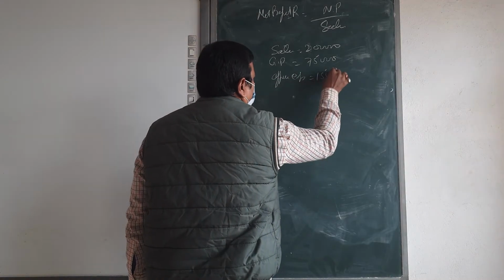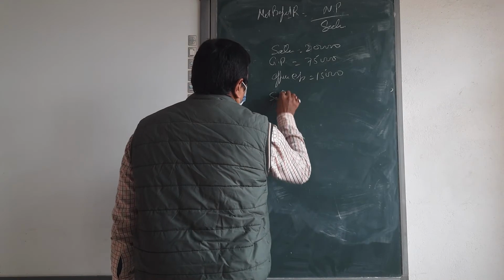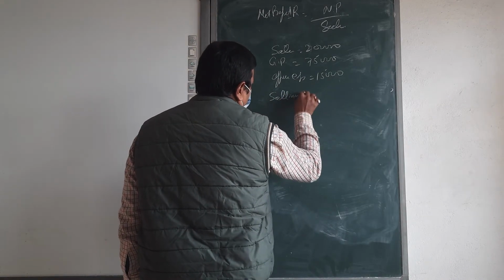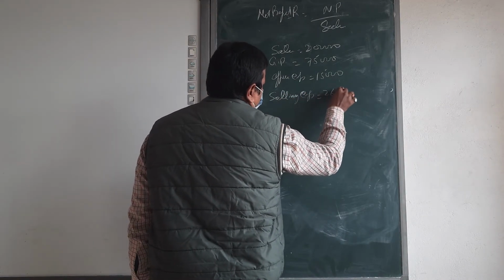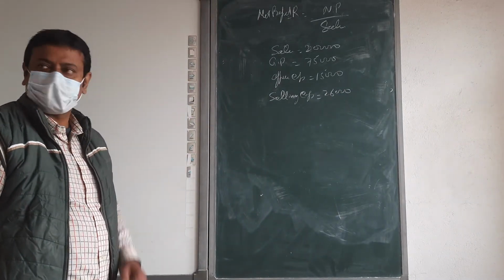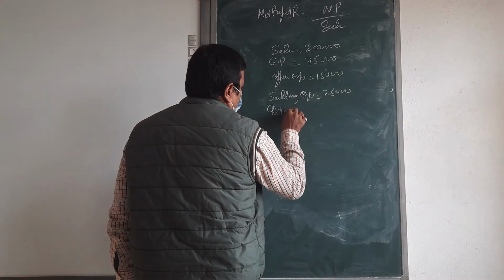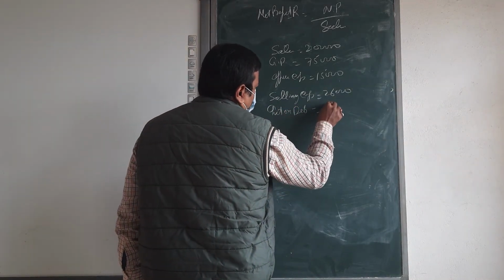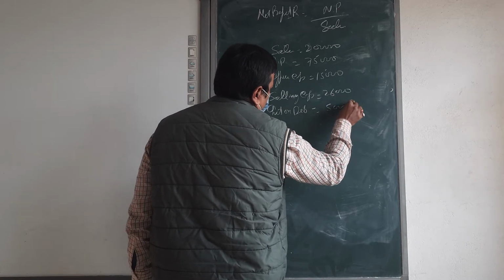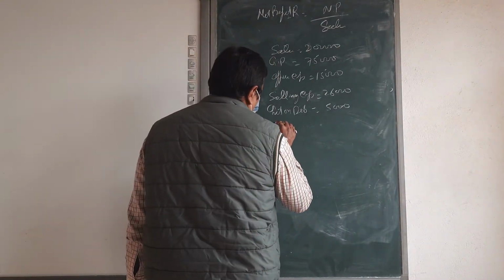Selling expense 26,000. Interest on debentures 5,000. Okay. Accidental losses 12,000.